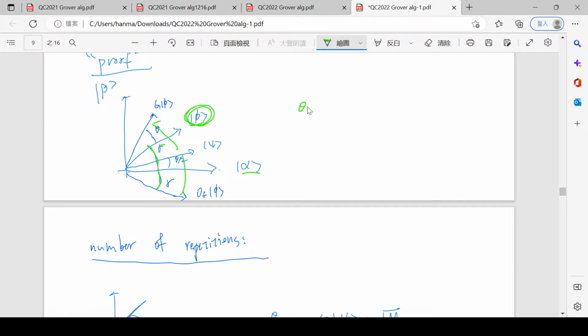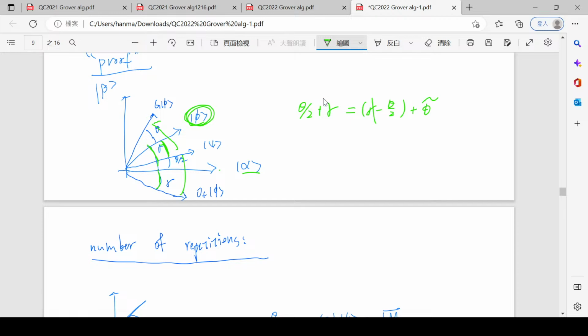You have theta over 2 plus gamma equal to, so this thing is this plus this, equal to gamma minus theta over 2. Right? This one is gamma minus theta over 2, and then this thing plus theta tilde.